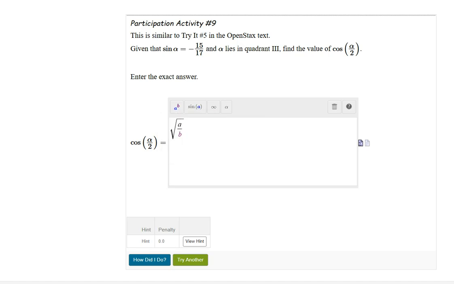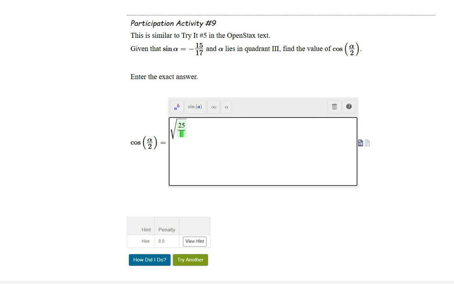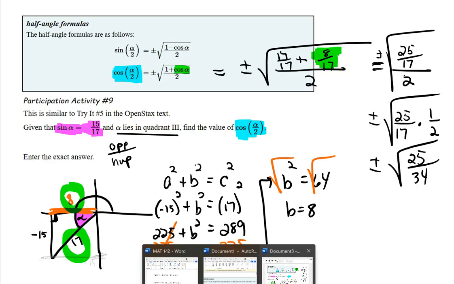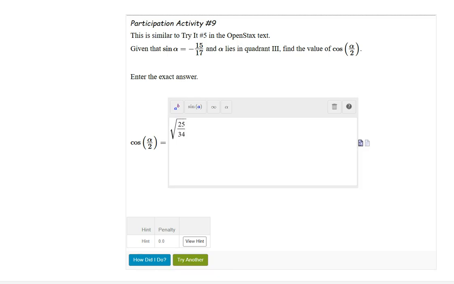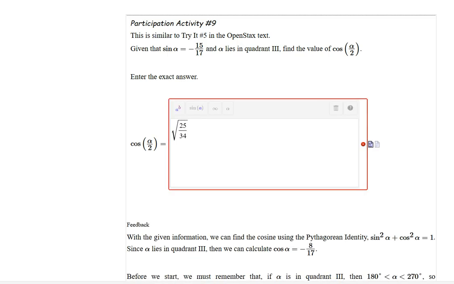Well, there should be a plus or minus symbol. I'm going to put the 25 there, and 34. I know I could take the square root of 25, but does it want that? What do they want?